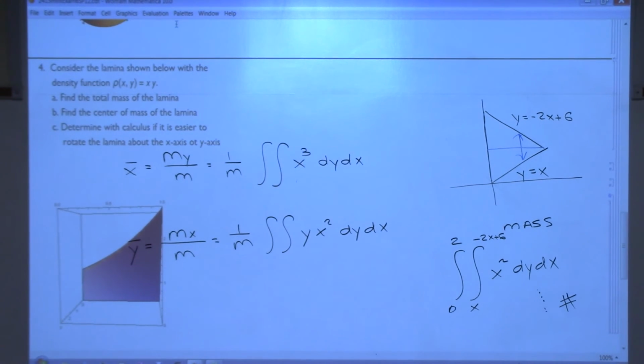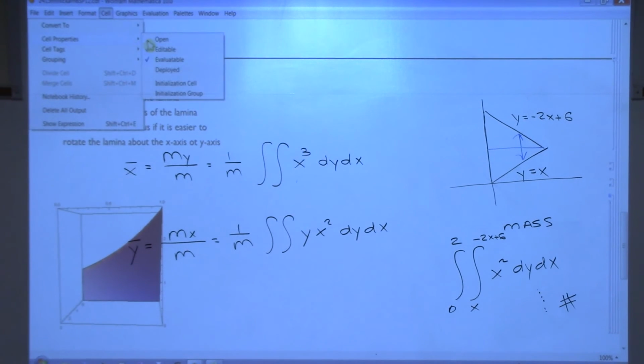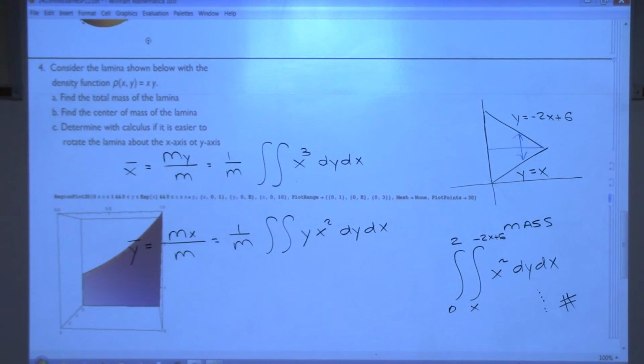On the x bar and the y bar, yes? Maybe on the notes it's multiplied by y for x bar. Mm-hmm. Inside the integral, when you did x. What did I do? Hold on a second.